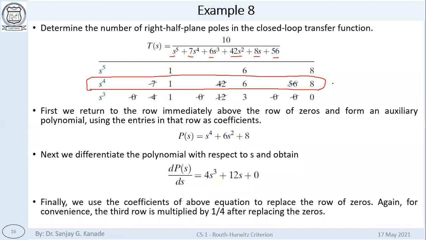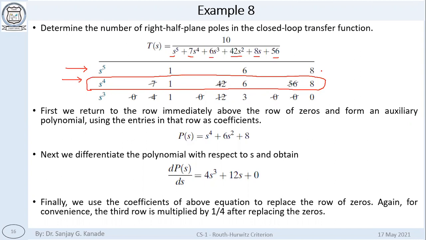So if you divide the polynomial by any constant, it doesn't change the characteristic of that polynomial. What happens is, because you have taken out some factor and divided by something, your numerical calculations become a little bit easier.